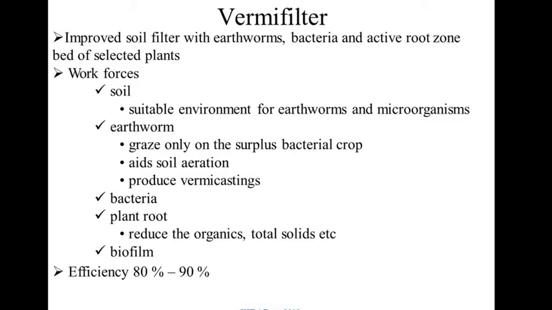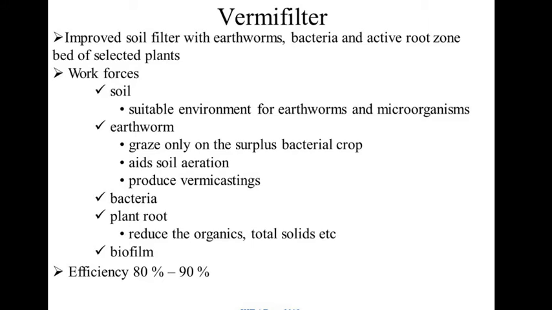The vermifilter with earthworms improves the soil filter and bacteria and the active root zone bed of selected plants. The soil provides a suitable environment for earthworms and microorganisms. The earthworms graze only on the surplus bacterial crop, aid soil aeration, and produce vermicasting and vermicompost.